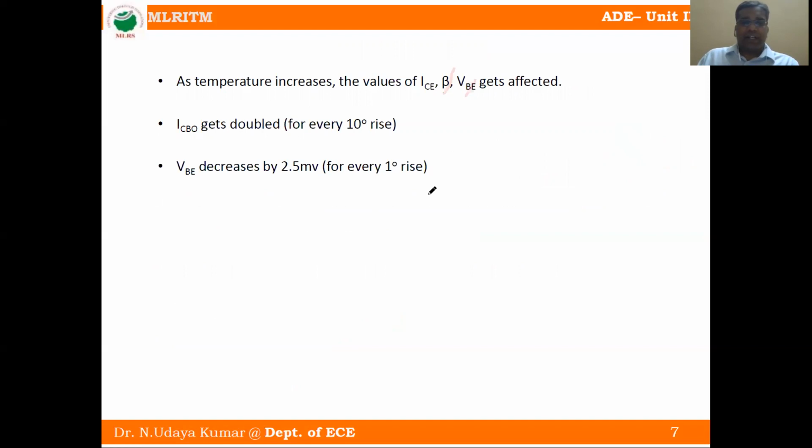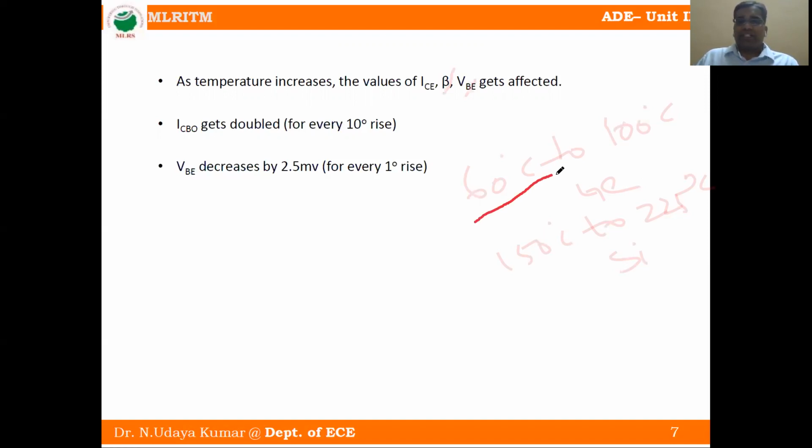The range of temperatures lies between 60 degrees centigrade to 100 degrees centigrade for germanium, and 150 degrees centigrade to 225 degrees centigrade for silicon. So this is the temperature range.